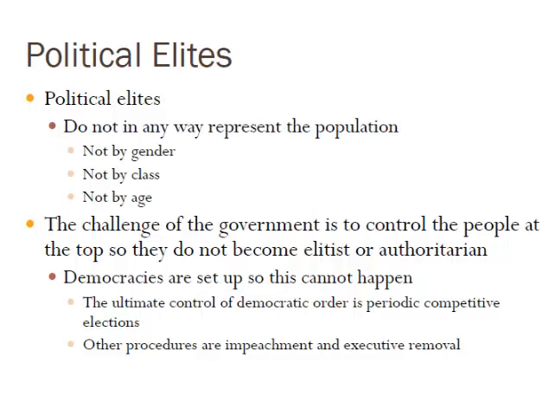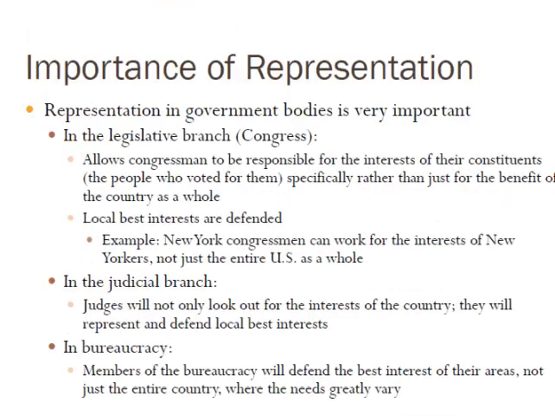And also the president can remove other officers, like ambassadors and heads of administrative agencies. If President Obama feels that the head of the IRS has become politically corrupt, the president can remove him or her. So that's one mechanism by which the U.S. and democracies in general try to make sure that these political elites do not become too powerful.